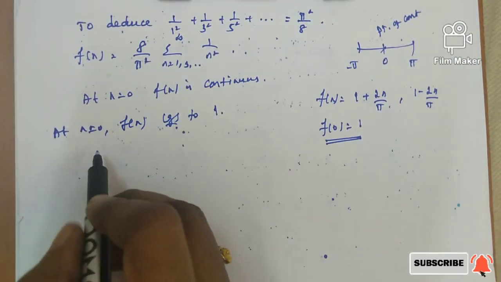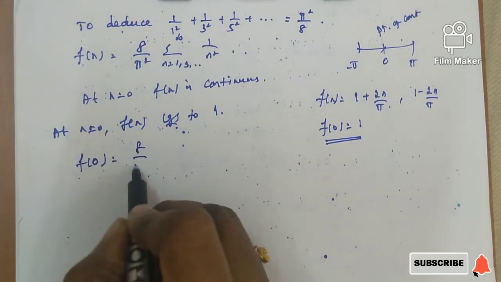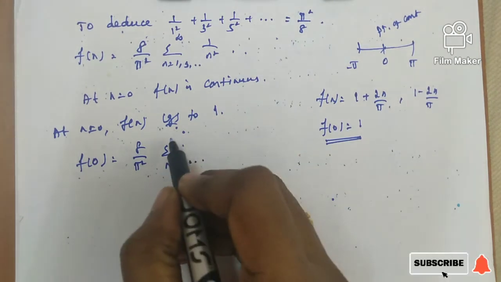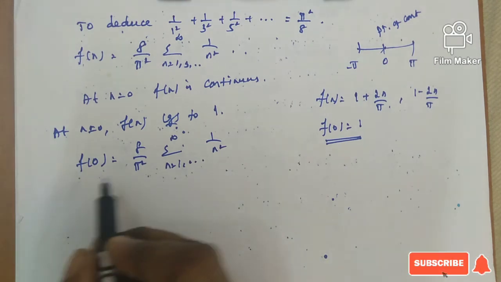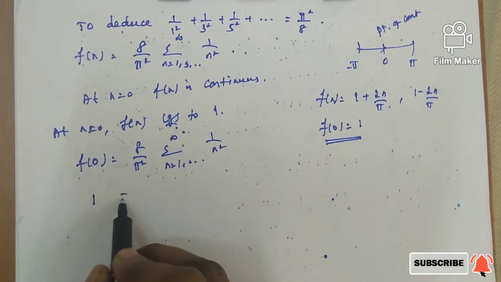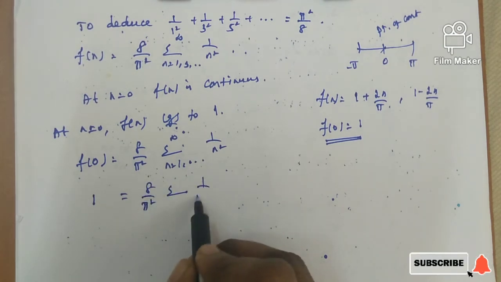Okay, so on the left hand side f of 0 equals 8 by pi square sigma n equal to 1, 3, 5, etc. up to infinity of 1 by n square. Here we can take that f of 0 converges to 1, which is equal to 8 by pi square sigma 1 by n square.